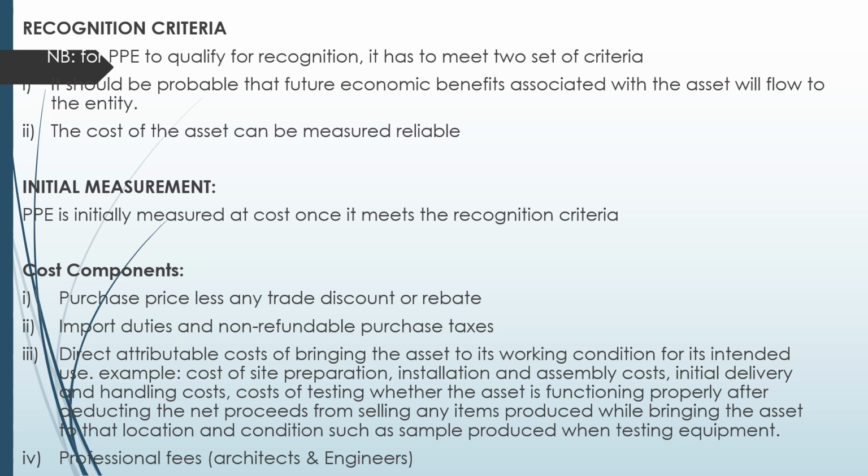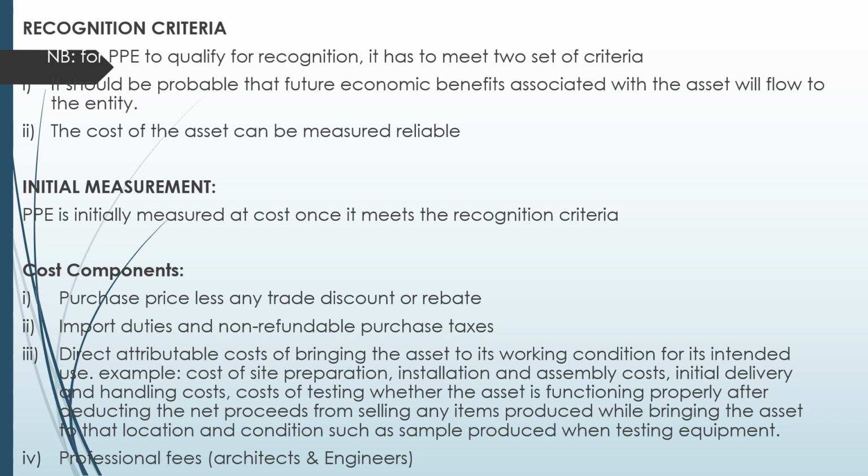Probably we have engaged the services of professionals who know how to operate the machine. So if we are able to come up with a sample, for instance, if we are into the production of juice and we've purchased the machine for that, and as part of the testing we decided, okay, let us produce some juice and sell and see how the customers will react.